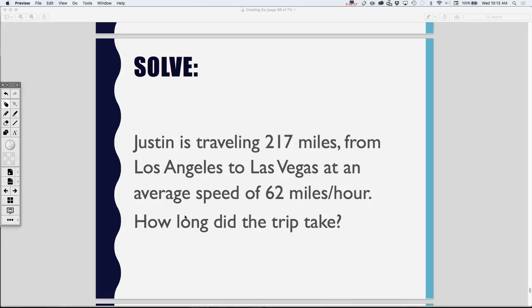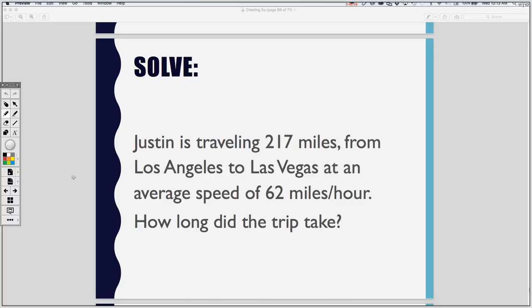So you can either go back and use those, or you can use distance equals rate times time and solve for that. So what is your distance? 217. So let's do both. T equals what? If it was the general formula, T equals D divided by R. So we're going to do both at the same time, and you can decide which one you like better.